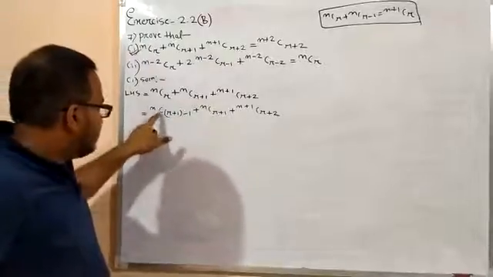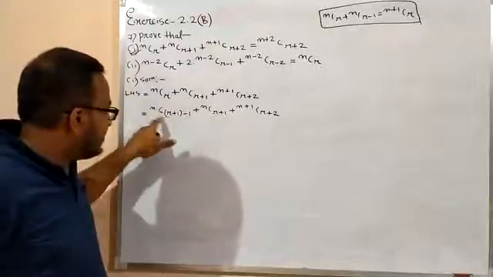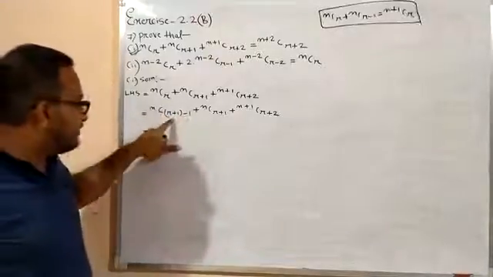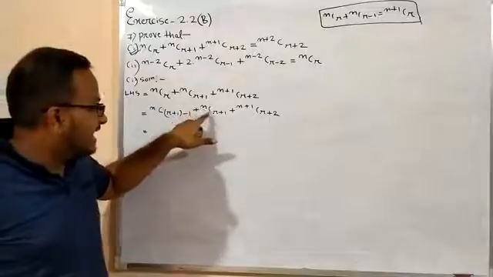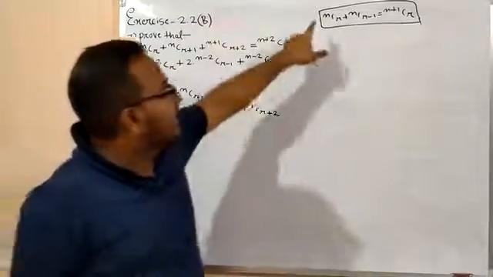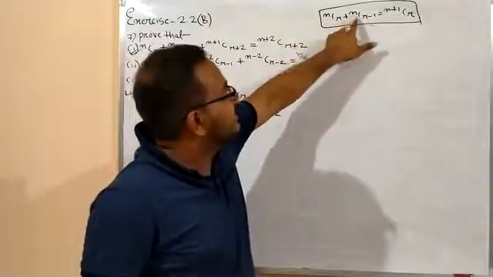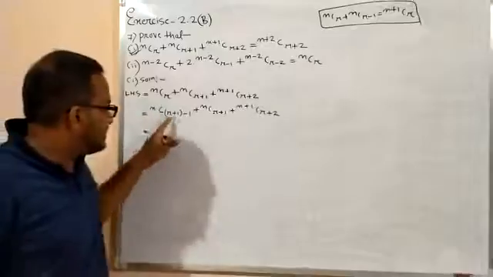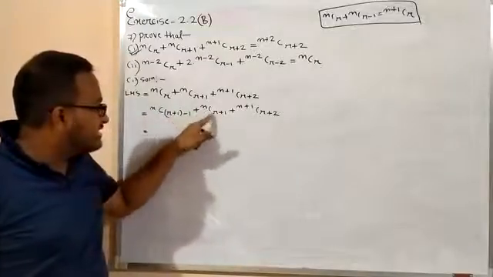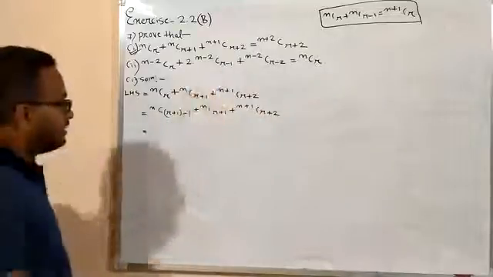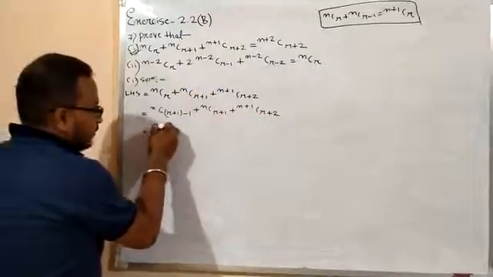So now you see nCr plus nC(something), if you consider this as a whole, that means nC(something minus 1) plus nC(something). Right? You see, nC(something) plus nC(something minus 1) equals n+1C(something). So it will be n+1C(something).